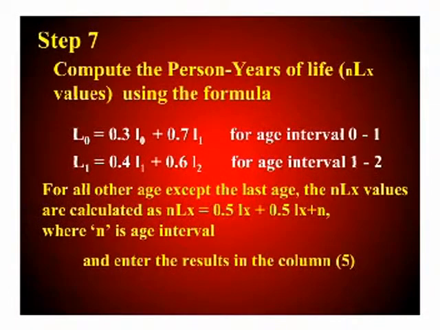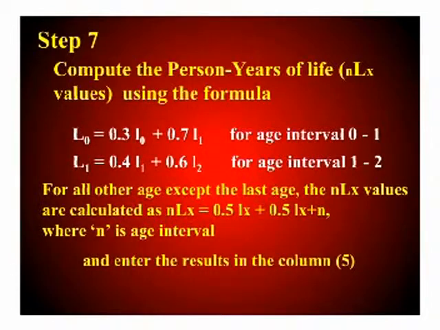Now compute the person years of life, that is nLx values, using the formula. For the first two ages, namely age 0 and 1, L0 can be calculated using the approximation L0 equals 0.3 times small l0 plus 0.7 times small l1, and L1 equals 0.4 small l1 plus 0.6 times small l2.